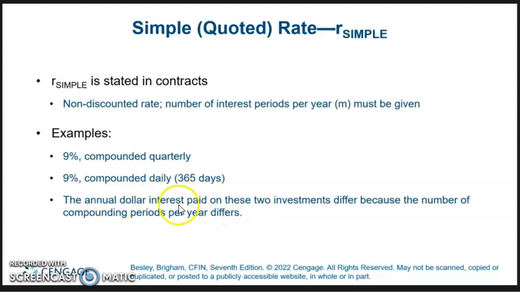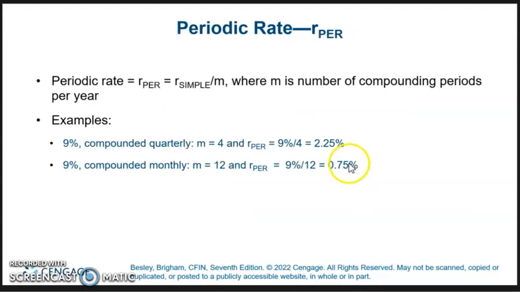So the annual interest, or dollar amount of interest, is going to be different because the compounding periods per year differ. With 9% compounded quarterly, that's 4, so our rate per period is 2.25% per quarter.